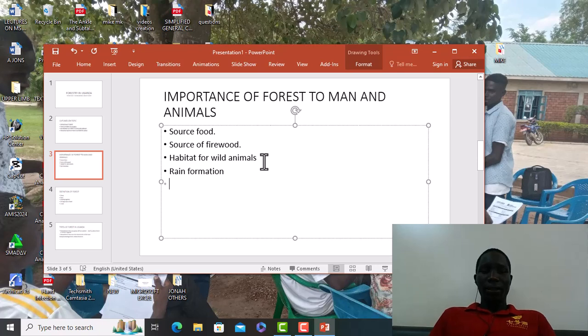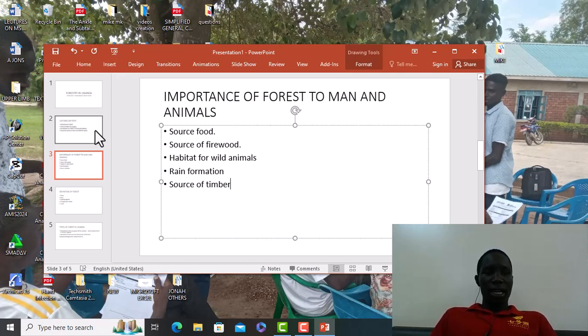We can see also the source of timber, which when sold can generate income. So these are some of the few importance of forest to man and animals.